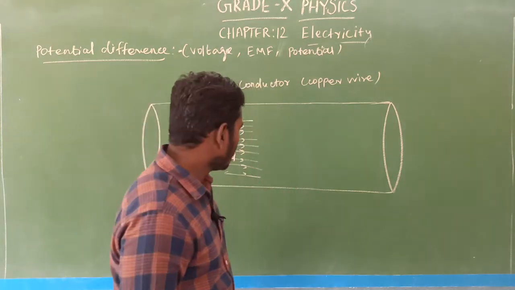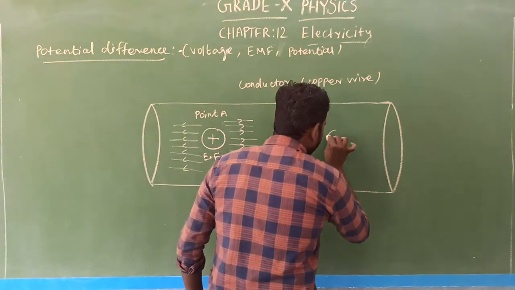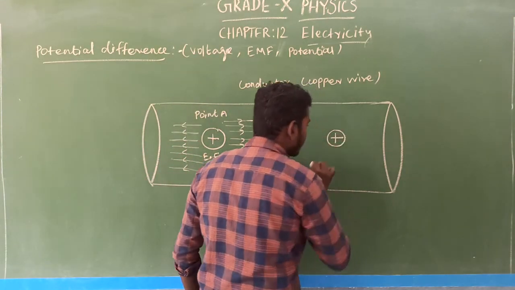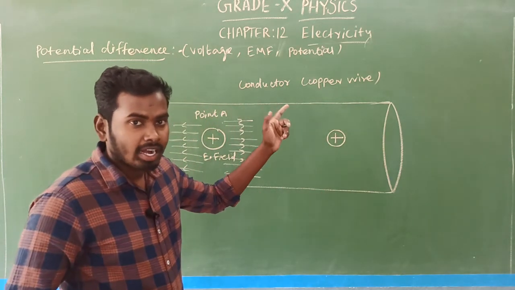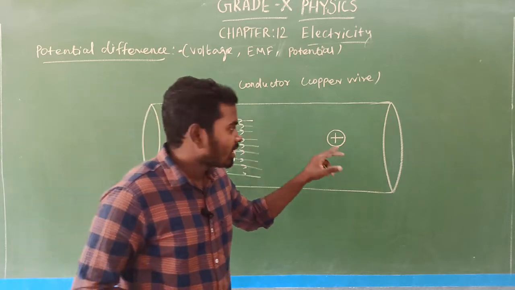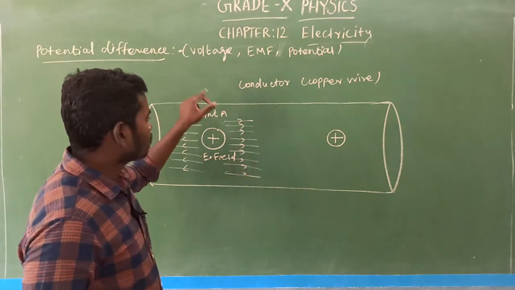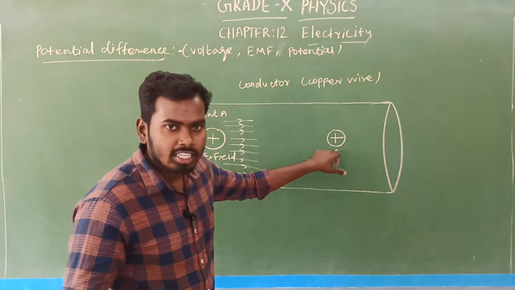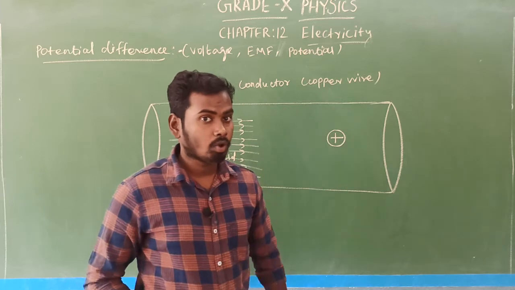Yes. Next we consider another charge placed here, other than at infinity. Note this point. In the first condition, which means in electric potential, the second charge is placed at infinity. But in potential difference, this other charge is placed other than at infinity.